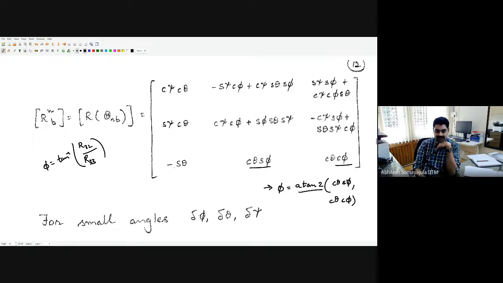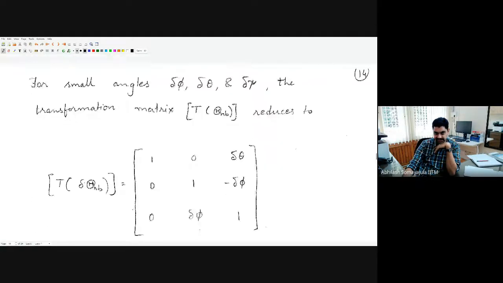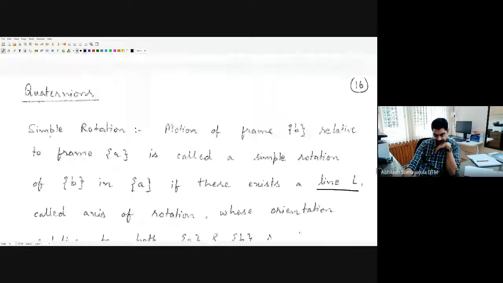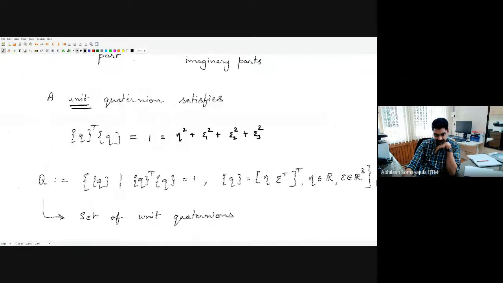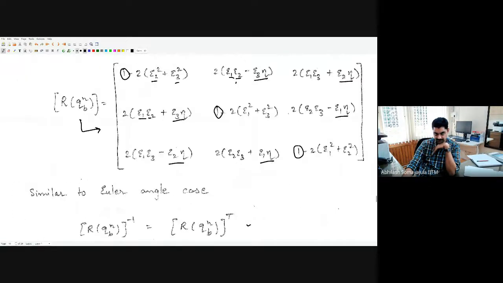Now, if we go back to the rotation matrix and see what these two terms are when they were parametrized with respect to the quaternion, which we saw today, it will be the ratio of these two terms, isn't it? Yes.